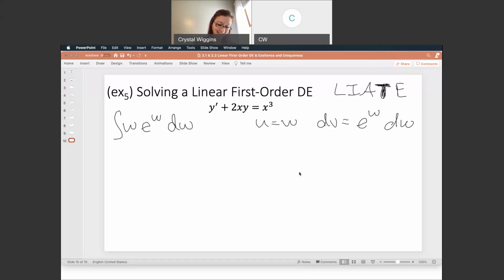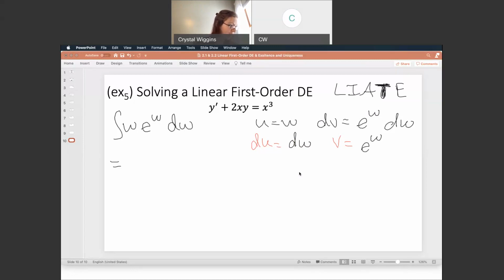Now we find du and we find v by doing the appropriate calculations. So the derivative of w is just dw, and the antiderivative of e to the w dw is e to the w. We then follow the formula for integration by parts. So we have u times v.